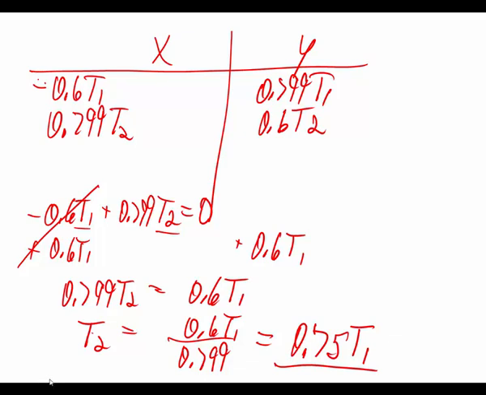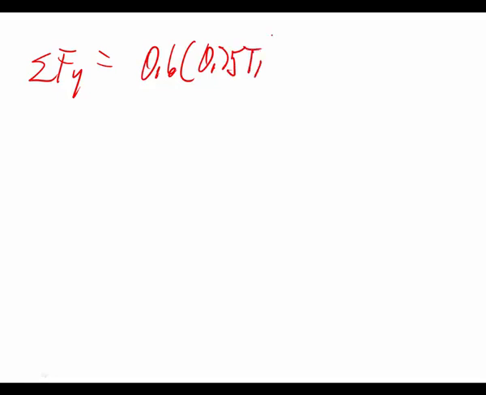All right, so the sum of the forces in Y is equal to 0.6 times, what was T2? 0.75 T1, right? Plus 0.799 T1. All right, now wait a minute. What happened to the 4,500? Minus 4,500 is equal to 0, right?